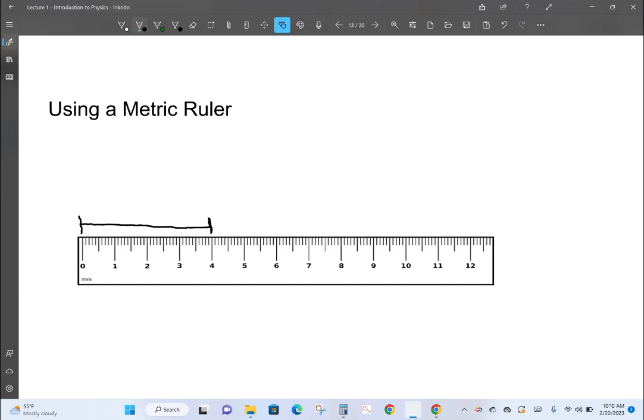Each one of these little lines is going up by 1/10. So if it had landed on the line after 4, it would have been 4.1, 4.2, 4.3, 4.4, 4.5, 4.6, 4.7, 4.8, 4.9, 5. So we know for sure that we can go out to the smallest division. But can we go any further?